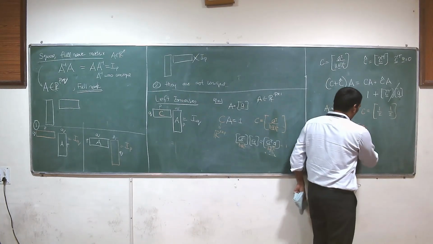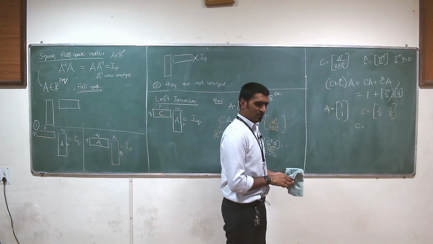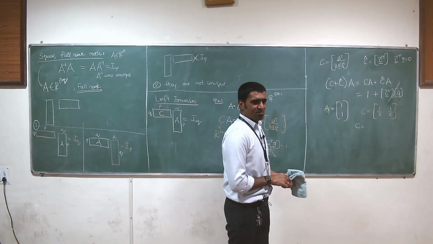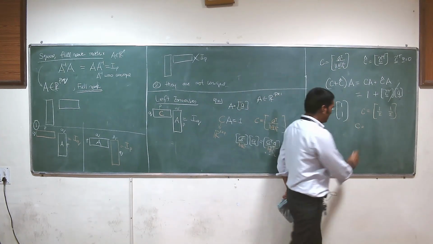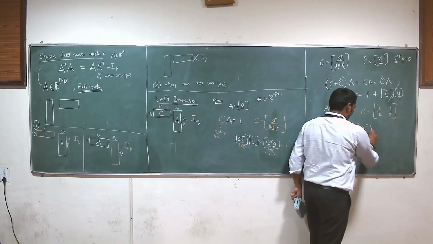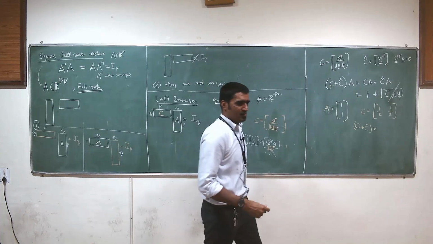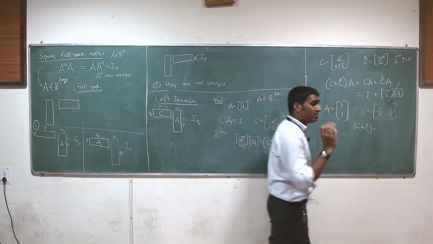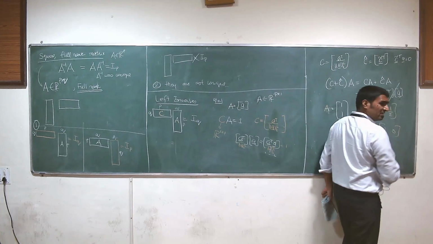Can you tell me other possible left inverses? This is 1. Can you give me another possibility? In fact, more explicitly, let me write it like this. How did you get it?